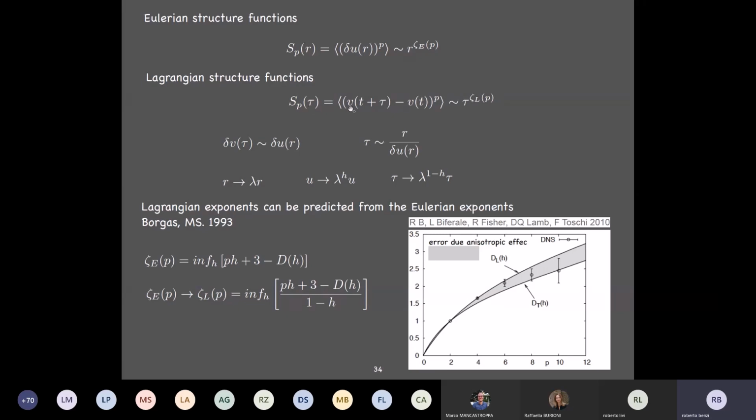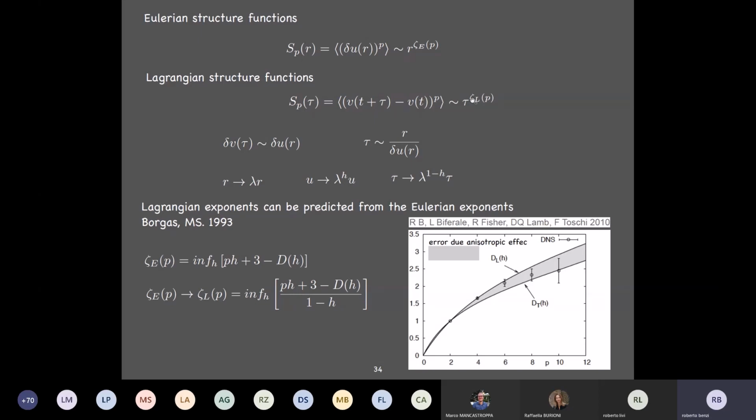So you take, for instance, a particle, you measure the velocity at some time t, and then at some time t plus tau, and then you look at this quantity, which is the velocity difference at the time tau. And if scaling is a reasonable assumption within this framework, then you would expect that this quantity should have a scaling law, which is anomalous in p, and these characterize the Lagrangian property of turbulence.